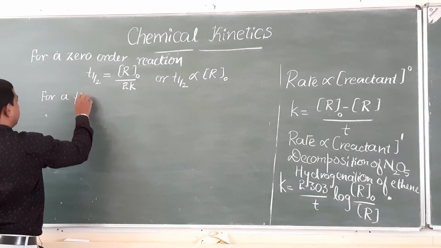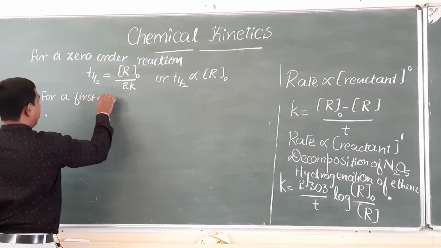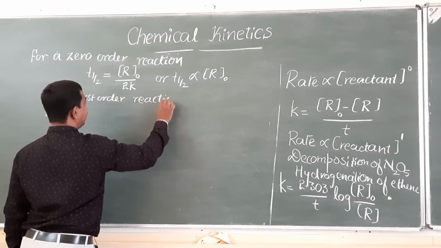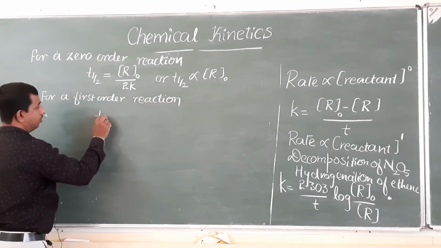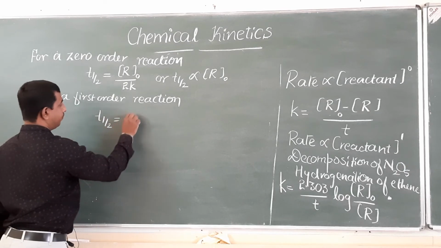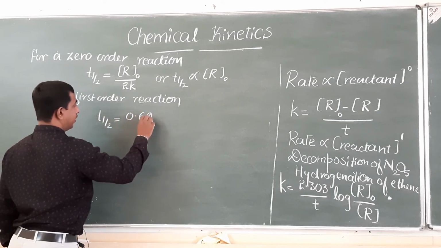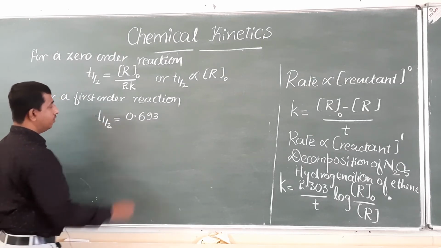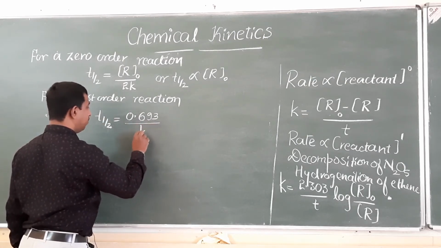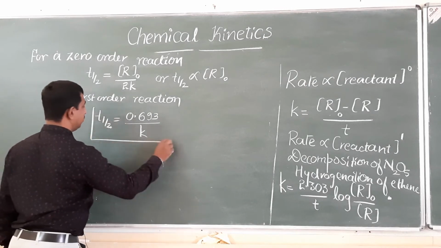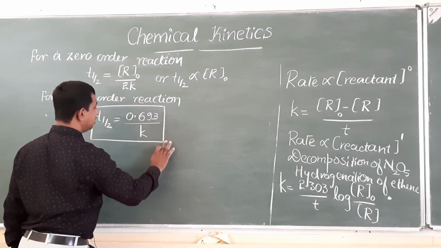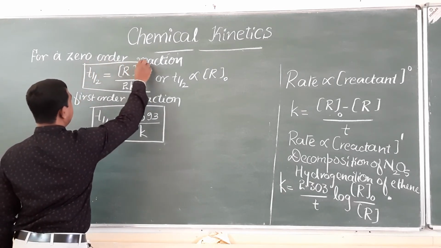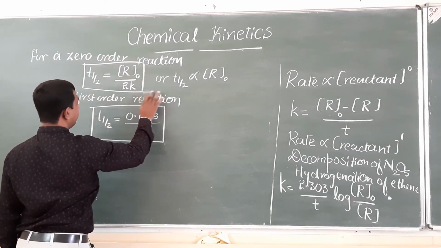For a first order reaction, we have T half equal to 0.693 by K.